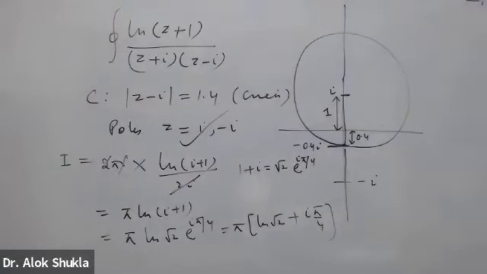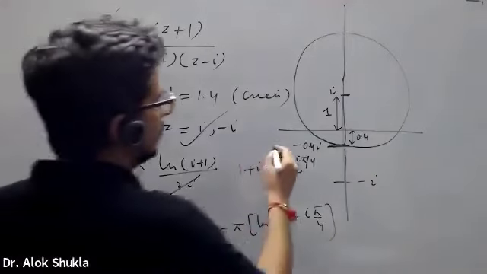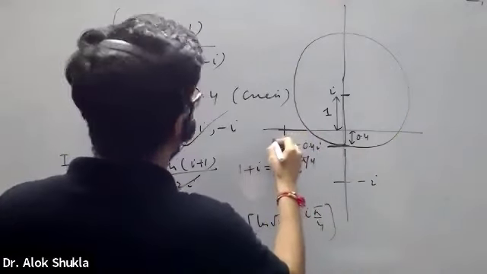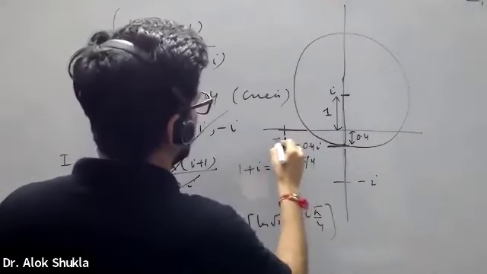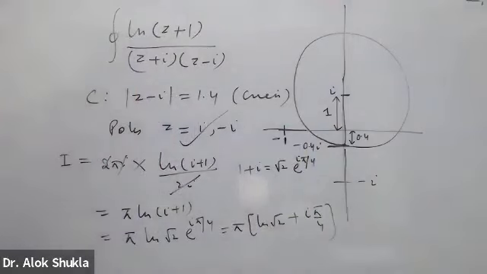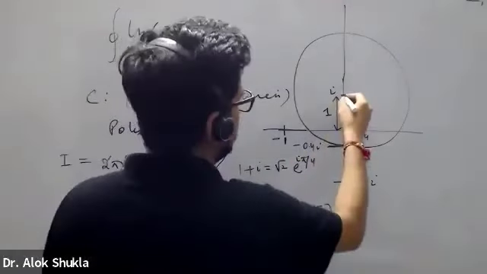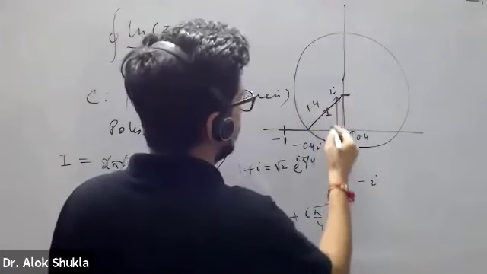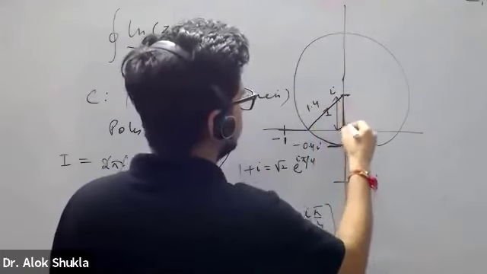Yes, tell me. Sir, z is equal to minus 1 is also the pole, na? ln will not be defined at 0. So that also goes outside. Okay. So for that, actually, you will have to check like this. This distance is what? 1.4 and this distance is 1.